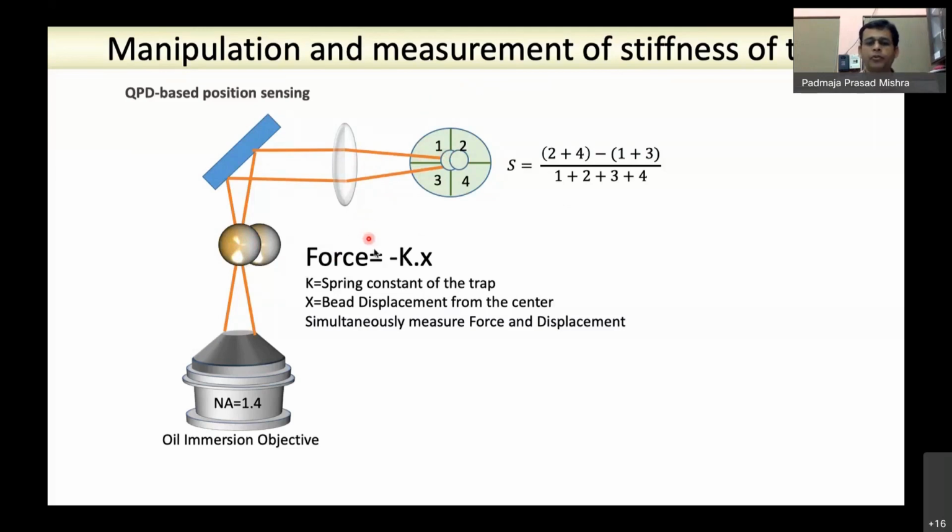From this force constant, how much the laser is able to manipulate, how much it is able to drag the object can be calculated. Sometimes it is helpful in calibrating the system, also to find out the spring constant of a system. Suppose you are working with a sample whose spring constant is not known, and you have a standard whose spring constant is known. You can use that to calibrate the system.